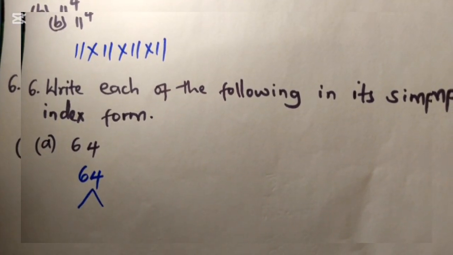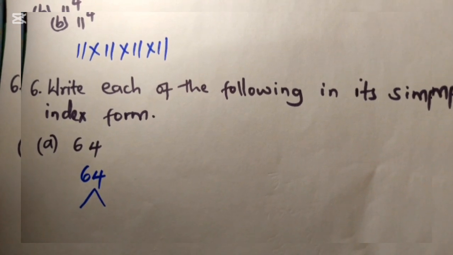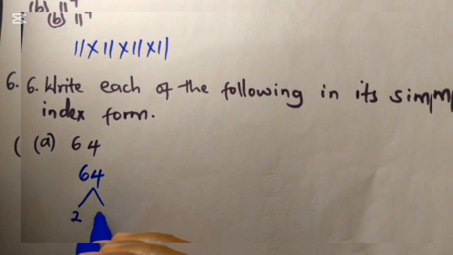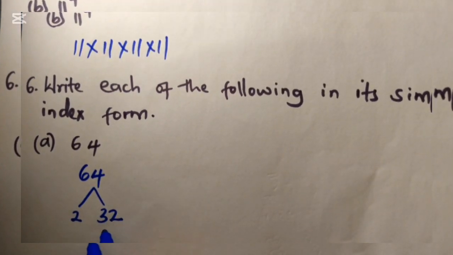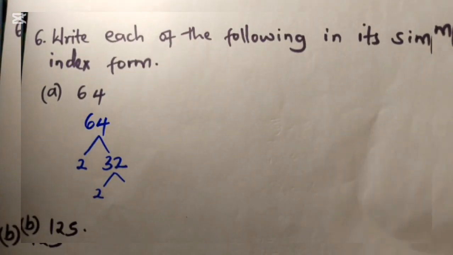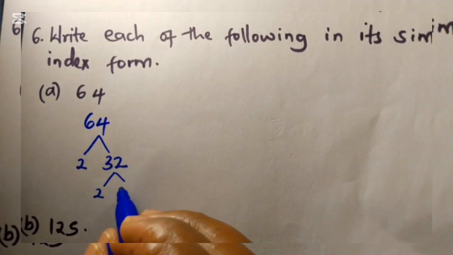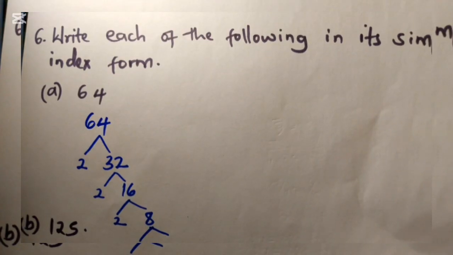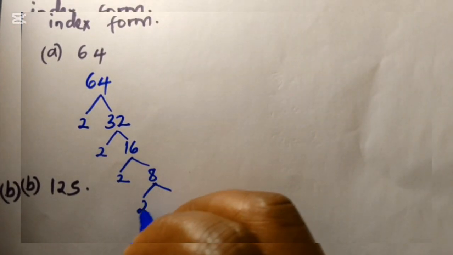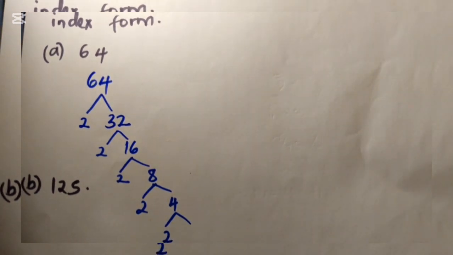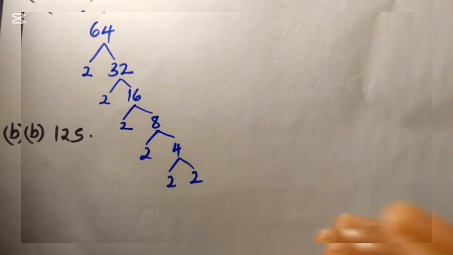We check the prime numbers starting with 2, whether it can divide 64, which it can, to 32. We move further to 2 again, check whether 2 will divide 32, which it will, to 16, again by 2, 8, by 2, 4, then by 2, 2.